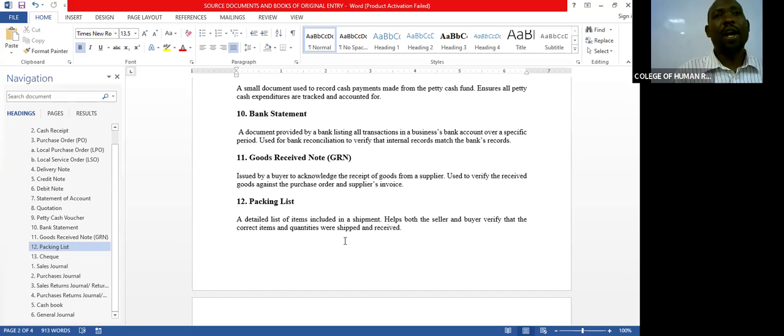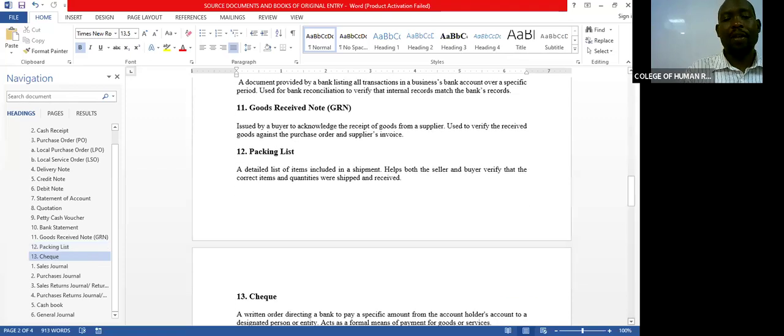Those 10 cartons will have one delivery note, but in each and every carton, there must be a packaging list. So a packaging list contains the information of specific items that are in that particular container or carton. And then the summary of all the packaging lists gives the delivery note.